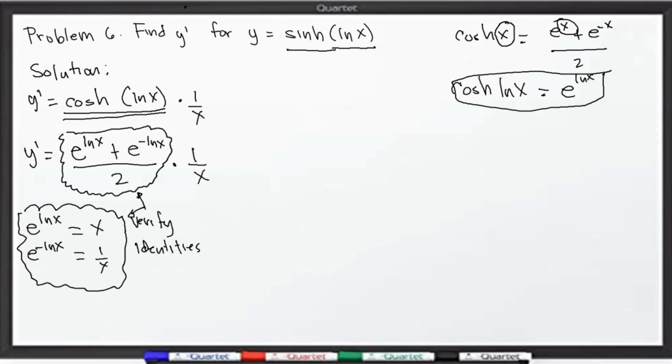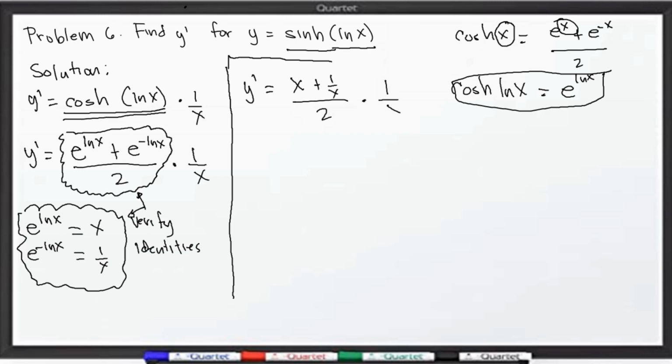numerator. So, let us simplify the numerator by providing a space here. We say y prime is equal to, so ano po daw ito? Ito will be x plus 1 over x over 2 multiplied by 1 over x. And then this is a complex fraction. Ang ating daw pong LCD is x.